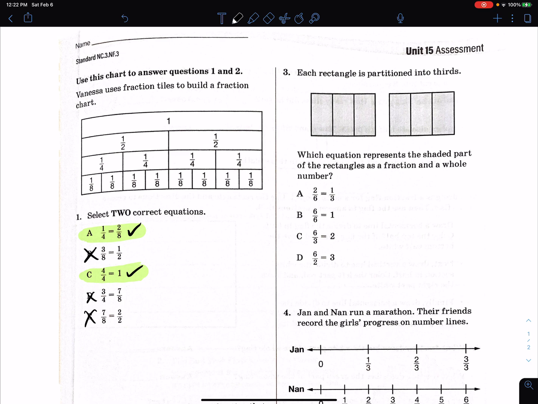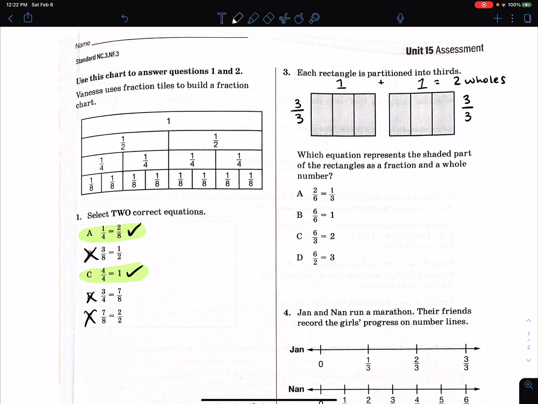So this whole is shaded, so this would be 1 or 3 over 3. And this whole would be shaded, which would be 1 or 3 over 3. Okay, so I know 1 plus 1 would give me 2 wholes.